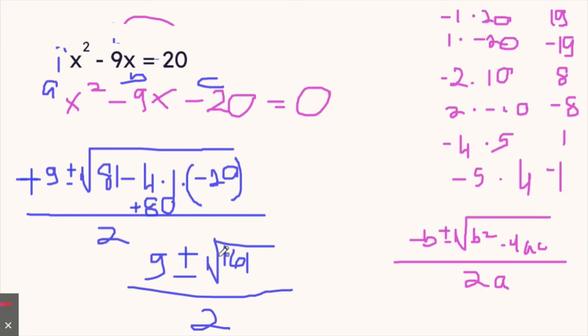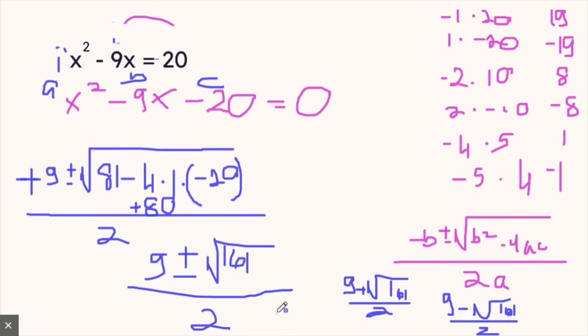And if you do have a calculator, you can just separate this into 2: 9 plus square root of 161 divided by 2, and 9 minus square root of 161 divided by 2. And you can put that in your calculator and solve for the answer. But if you don't have a calculator, this can be your answer.